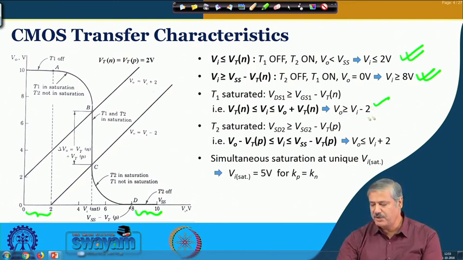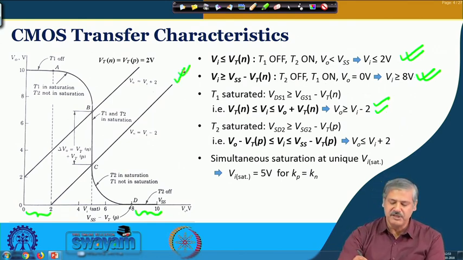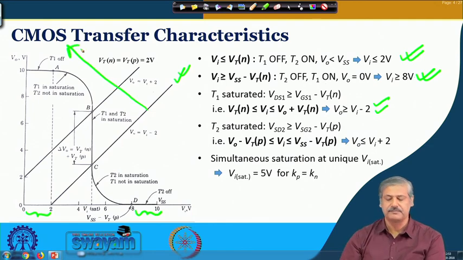So when V naught is greater than Vi minus 2, the saturation for T1 occurs, okay. So V naught equal to Vi minus 2 is this line, and V naught greater than Vi minus 2 is this zone, okay.